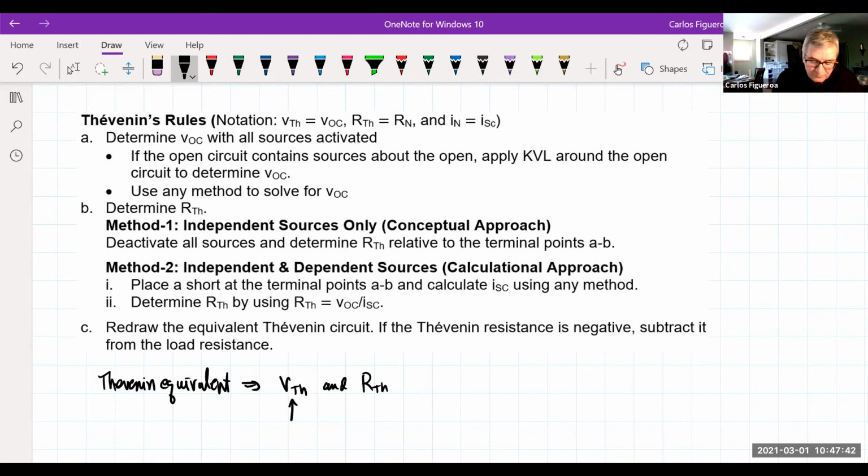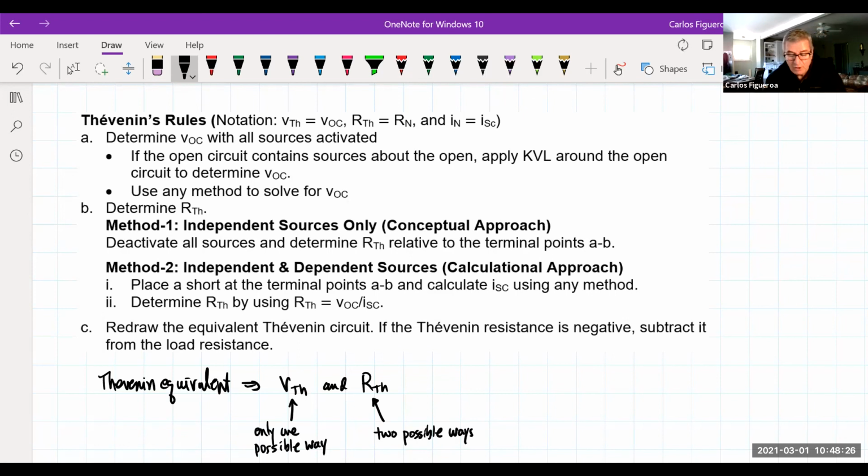How you calculate VTH is the same regardless of which method you use. For the Thevenin resistance, there are two possible ways. So A is about calculating the Thevenin voltage. B is about using two techniques.